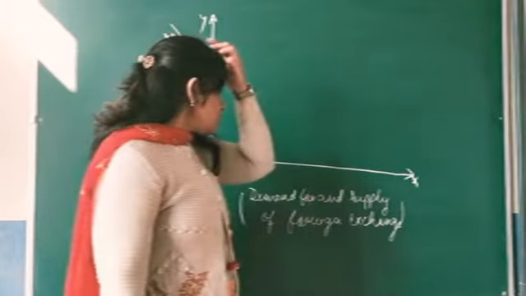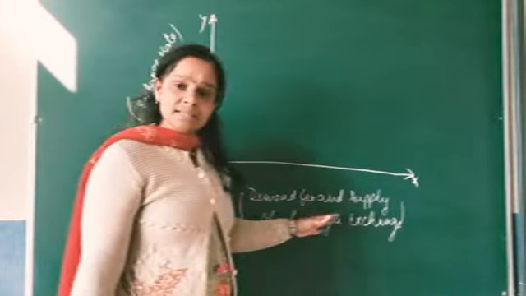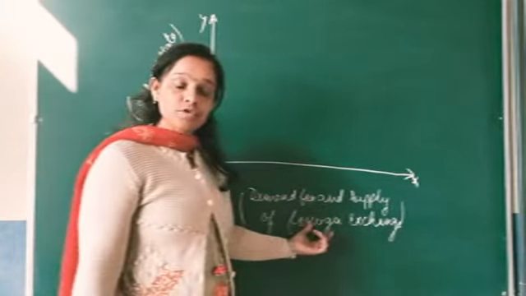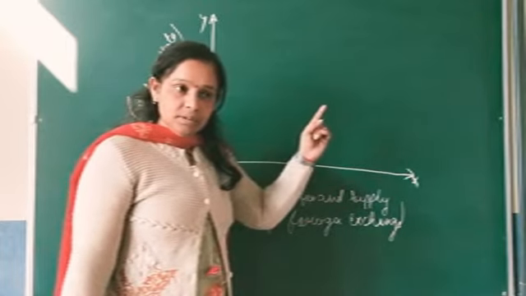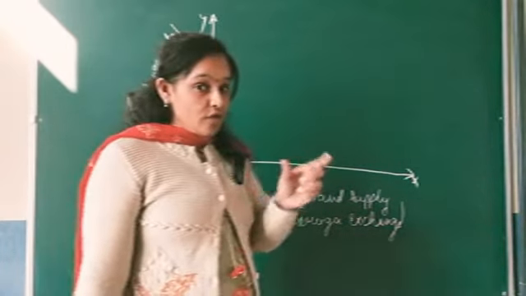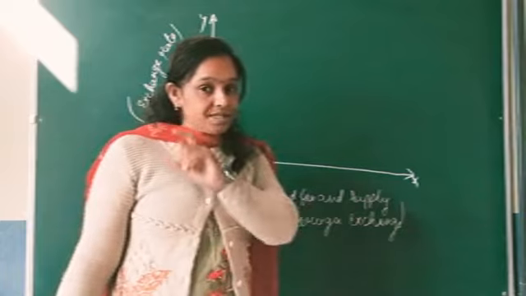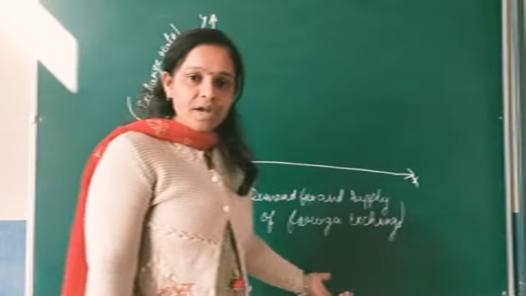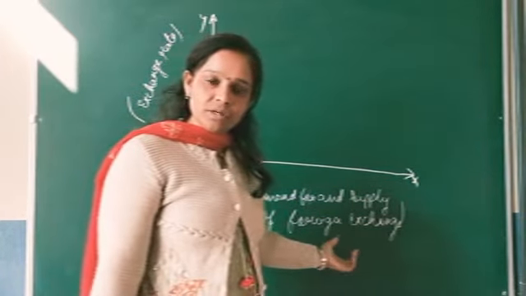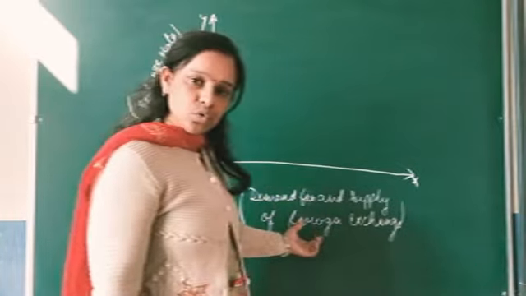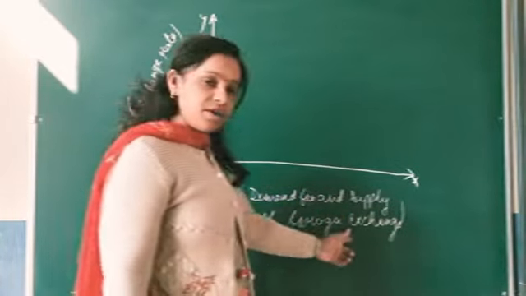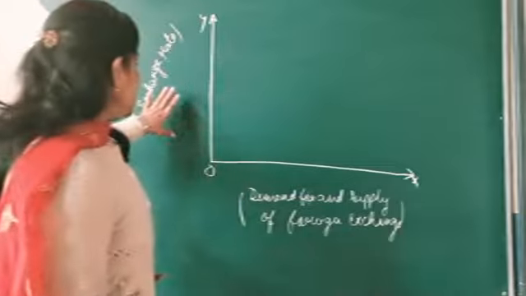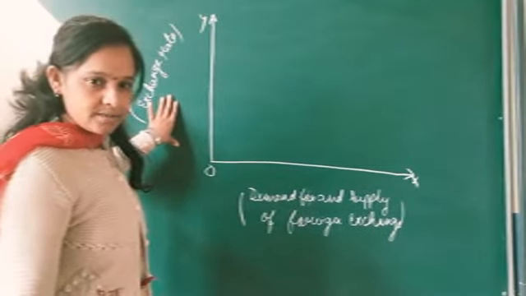On the x-axis we will show demand for and supply of foreign exchange, because if you remember the market mechanism chapter, there we showed quantity demanded and quantity supplied on the x-axis. So here also we show demand for and supply of foreign exchange on the x-axis and exchange rate on the y-axis. Is it clear?